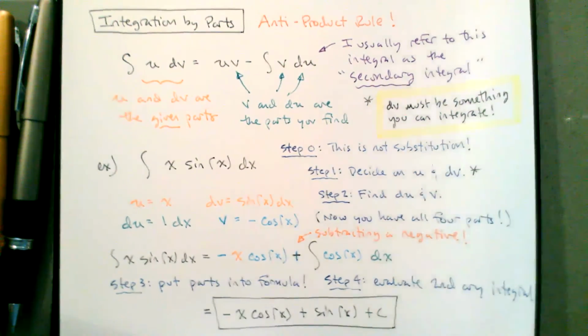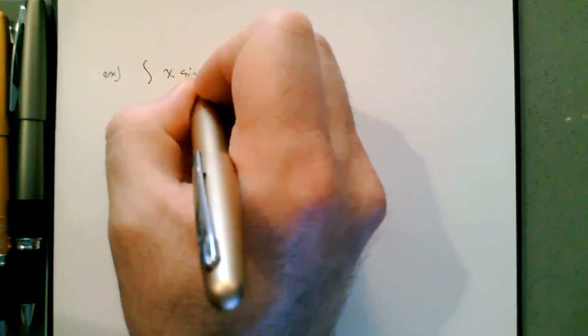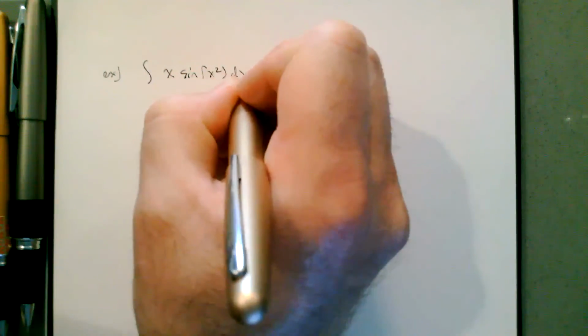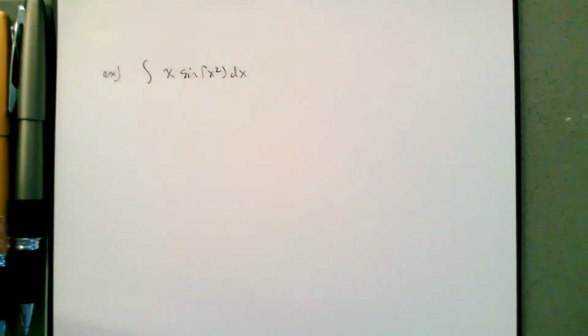So here's what I mean about not substitution in step 0. For example, even though we just learned our fancy parts formula, if I gave you the integral of x times sine of x squared dx, we don't want to try to read this as a parts problem because this one stands out as a substitution problem. I see x squared inside of sine.